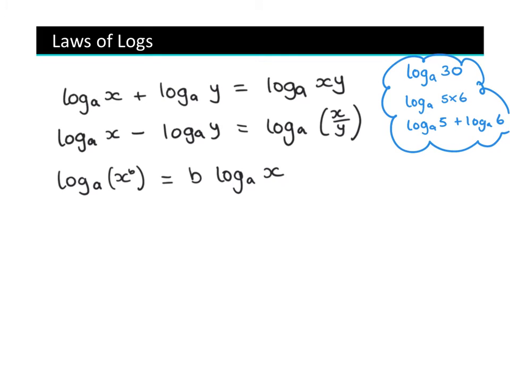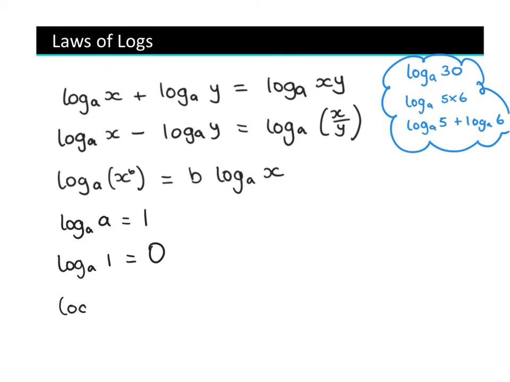Okay, there's 3 more special cases. I'm going to give you a clue. Log to the base a of a is 1. There's 2 more. Log to the base a of 1 is 0.